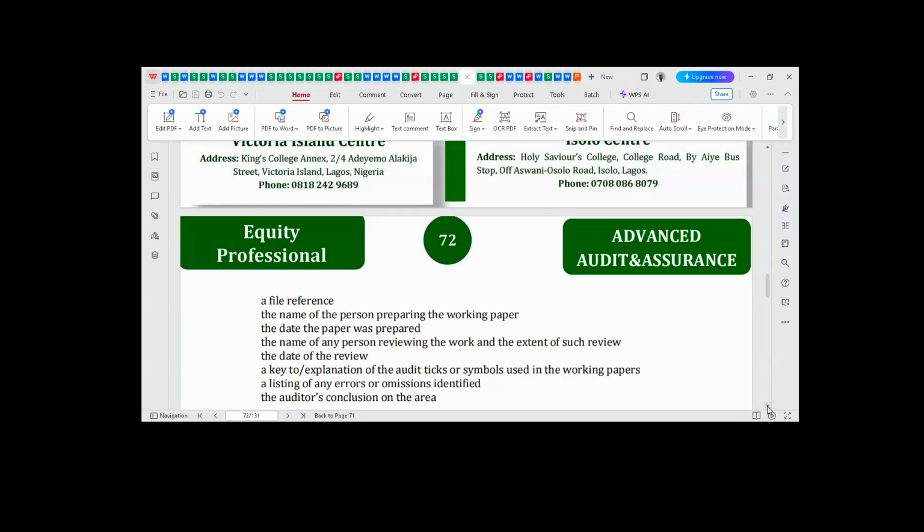But perhaps you did your computation of depreciation, and what you arrived at is different from what the client has done. For instance, you are looking at property, plant, and equipment, and what you have there is different from what you got. You now ask, what happened? Why is your value of depreciation different from mine as the external auditor?